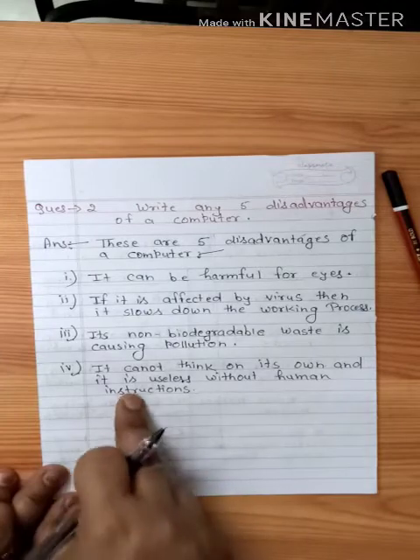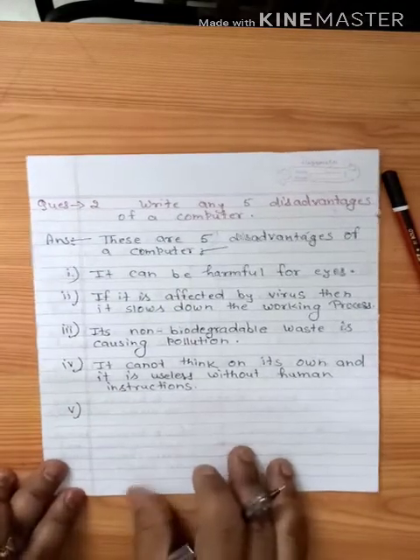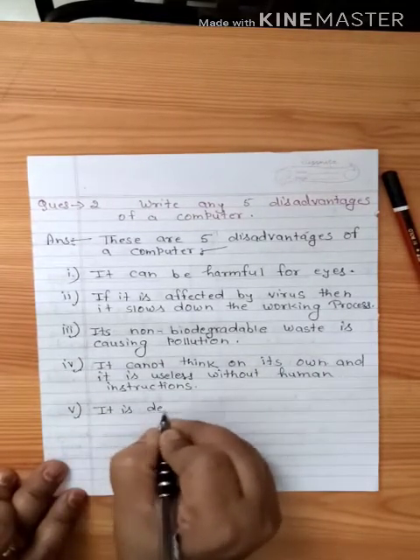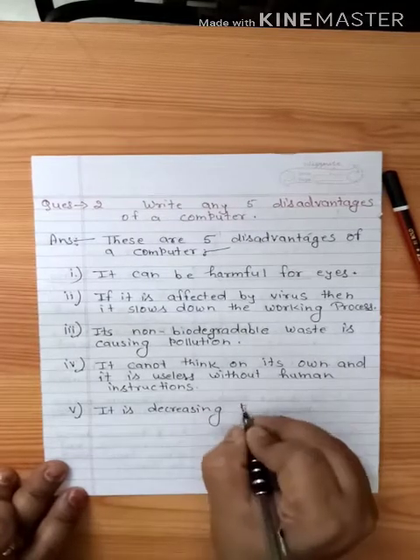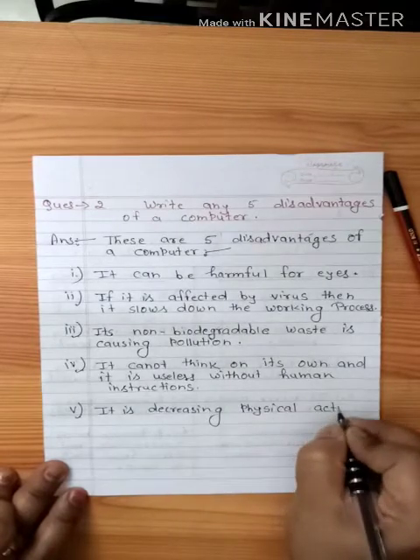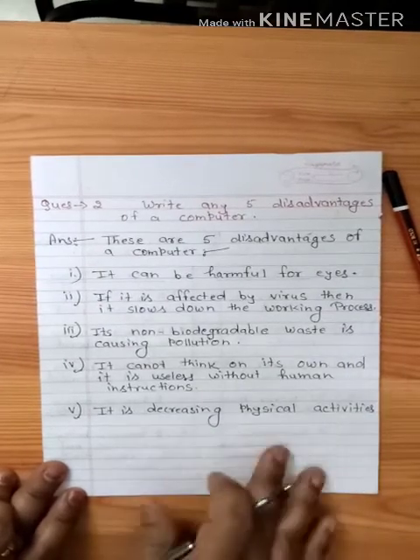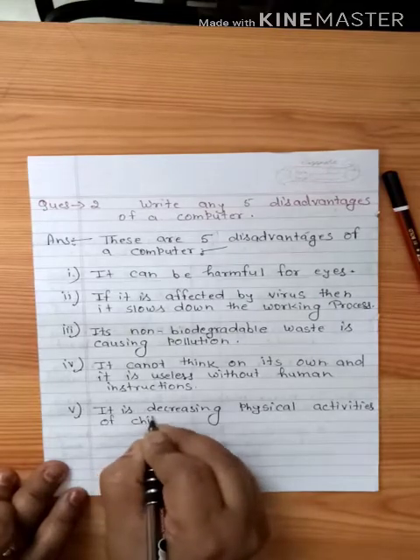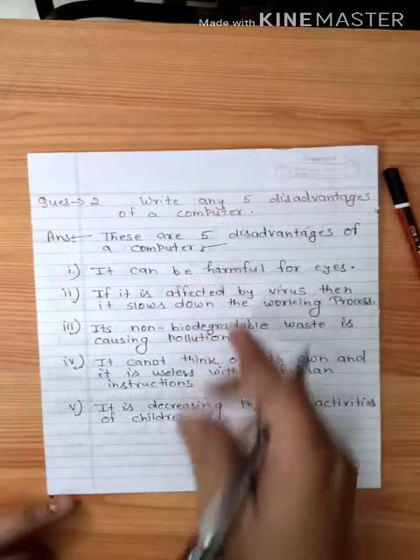This is the 4th disadvantage of a computer. Then the last one, number 5: it is decreasing physical activities of children. So this is all about our question number 2.